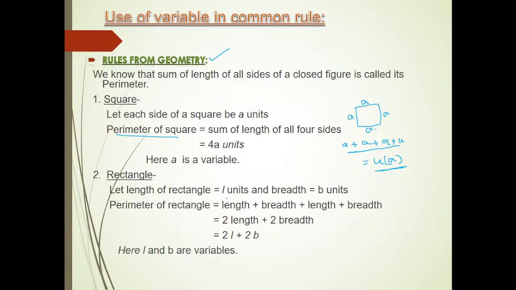Similarly, for a rectangle with length L and breadth B, we know that in a rectangle opposite sides are equal, and we want to find the length of this boundary. So length plus breadth plus length plus breadth, everything we need to add. How many lengths appear here? Two lengths. How many breadths?